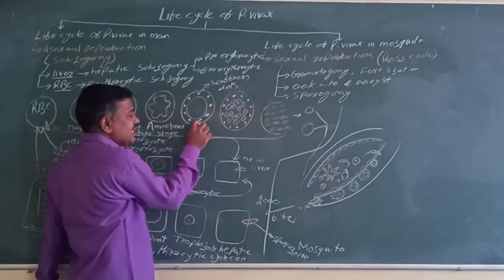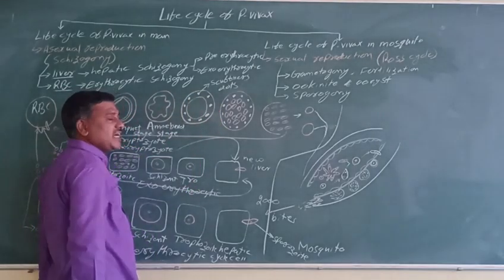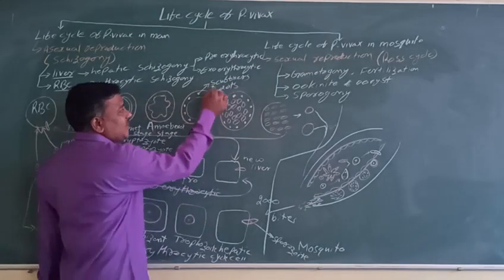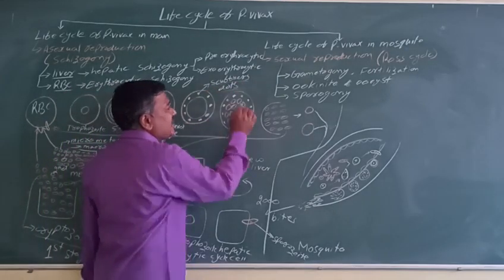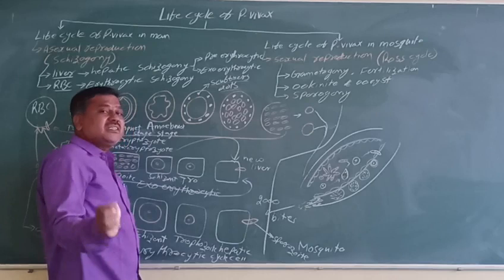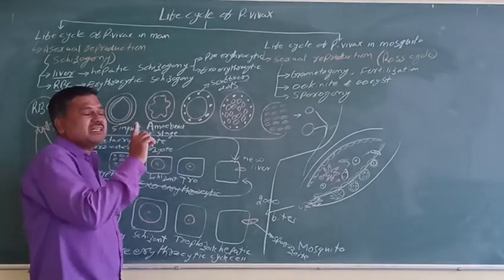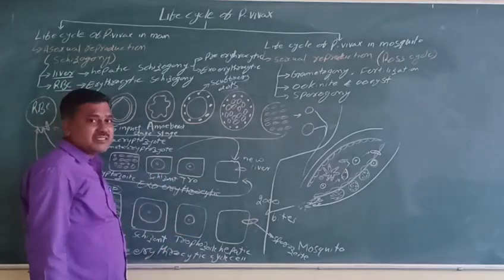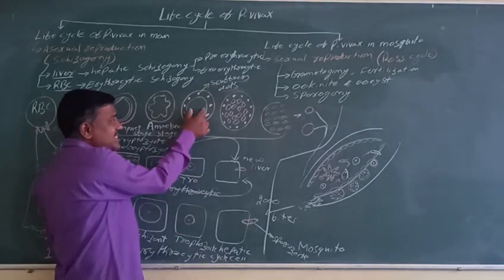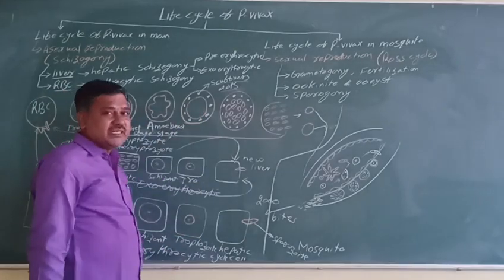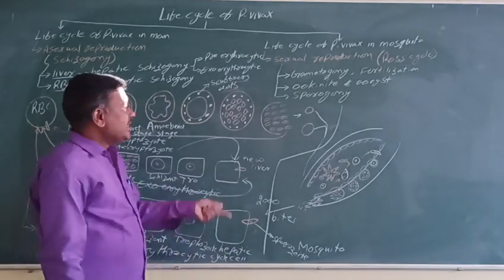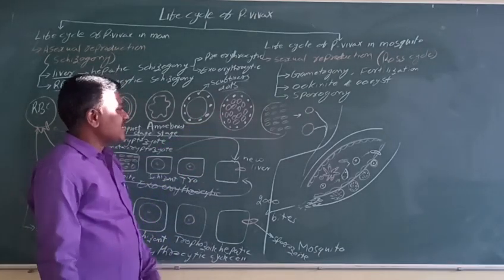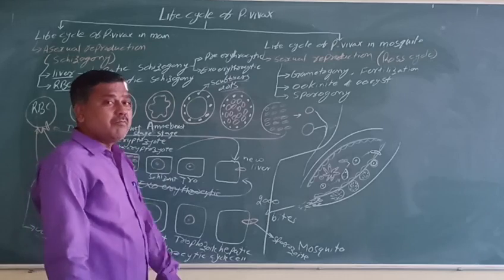These are present as dots in the RBC, called Schuffner's dots, and they are considered the antigens of Plasmodium vivax. It increases in size by absorbing the nutrients, and later on it goes for multiplication.